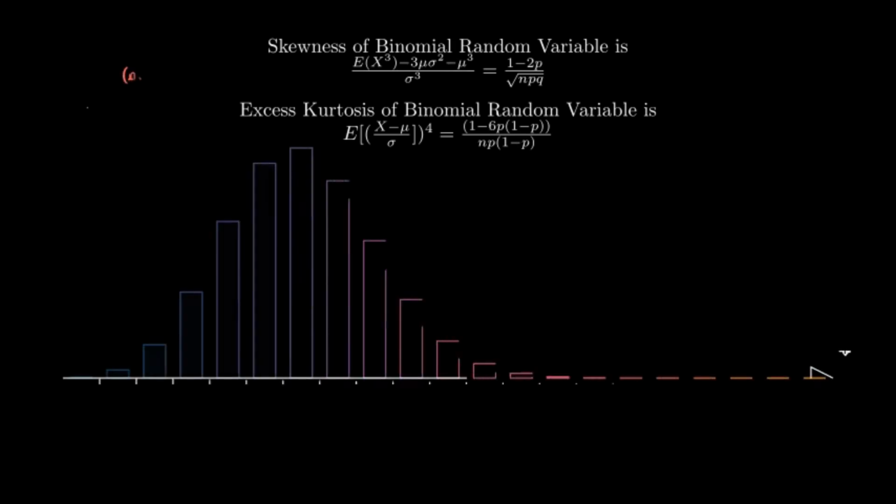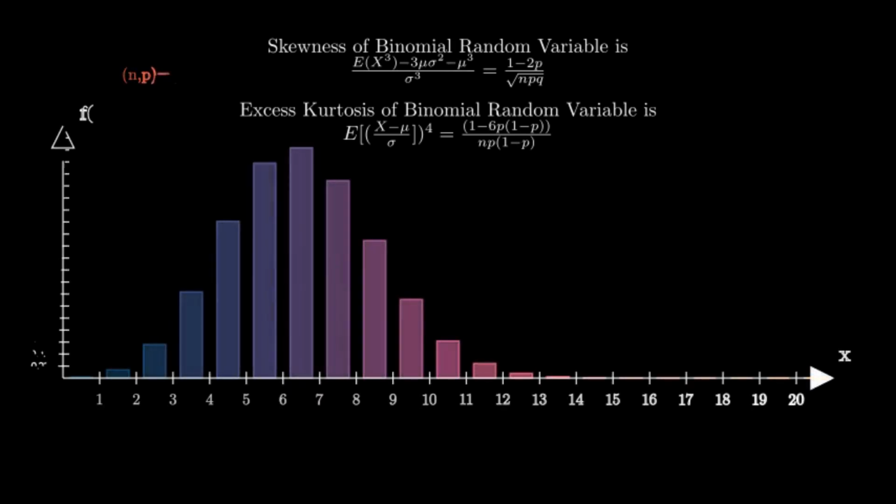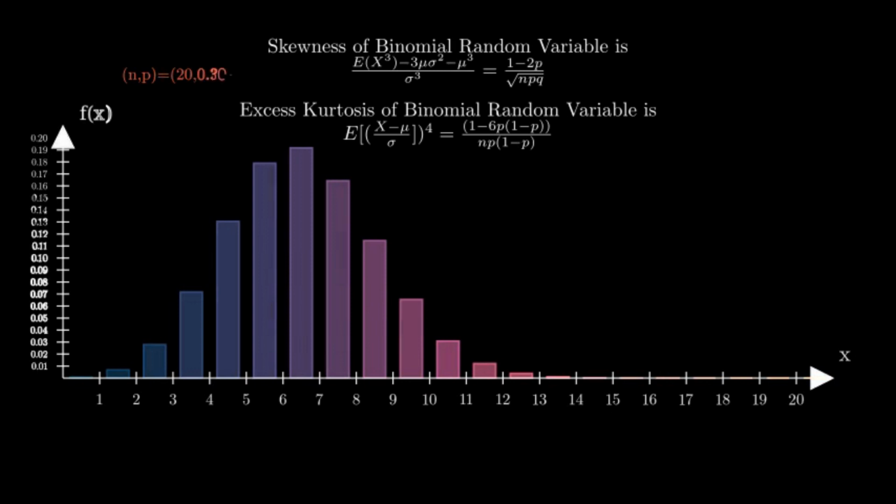Now let us see the skewness of the random variable. The skewness is (1 minus 2p) divided by the square root of npq. So you see that if the value of p is half, the skewness would be 0, and the same thing you will see in the graph.